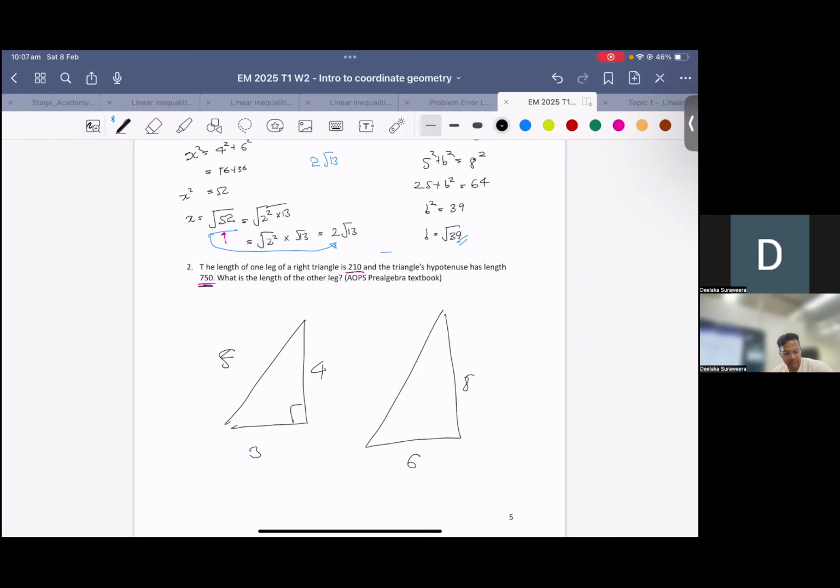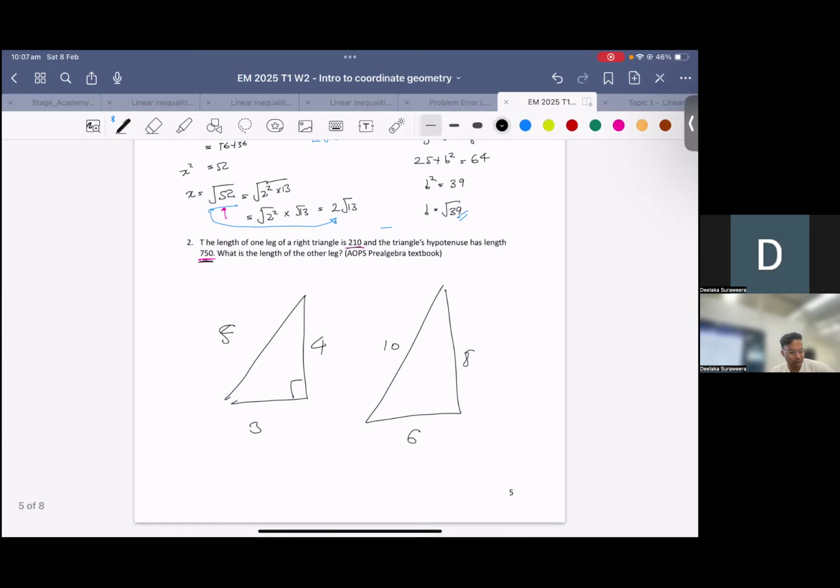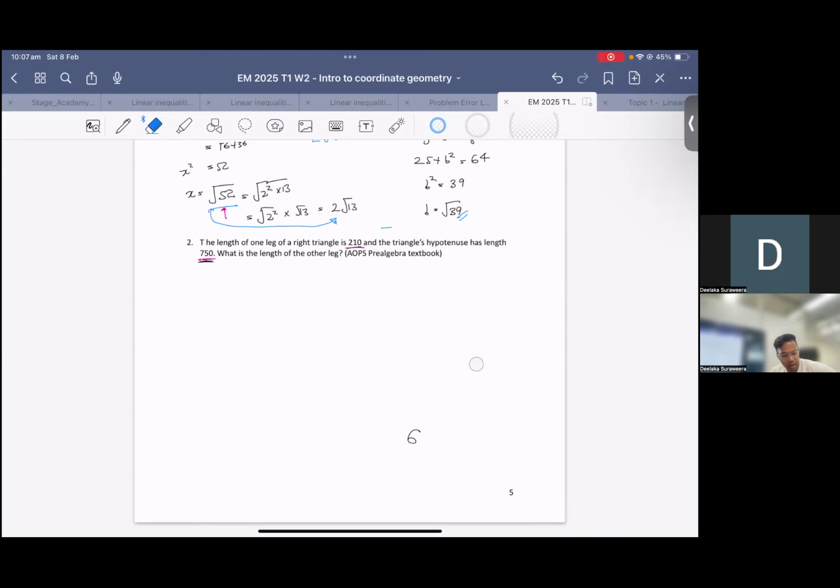There's also a 6, 8, 10 triangle, where everything's just doubled. It's a similar triangle. So I know it's not that exactly, but the idea is the same. So Pythag also holds with the ratios. The important thing here is to notice that this triangle with, I don't know, 750 and 210, right?